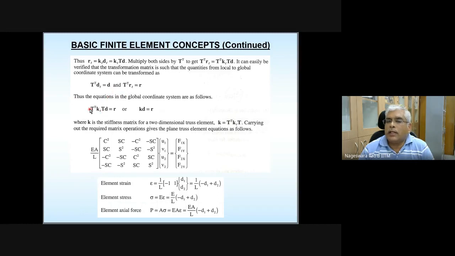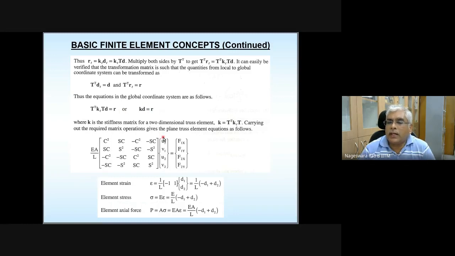This T transpose KL T is defined as K. And D is nothing but U1, U2, V1, V2. R is nothing but F1x, F1y, F2x, F2y.